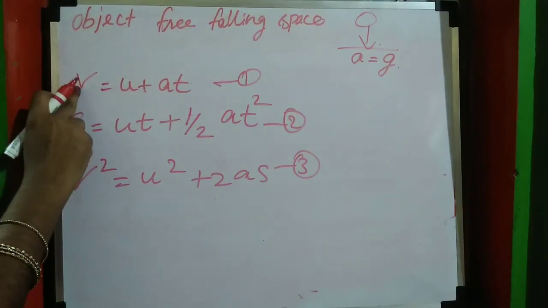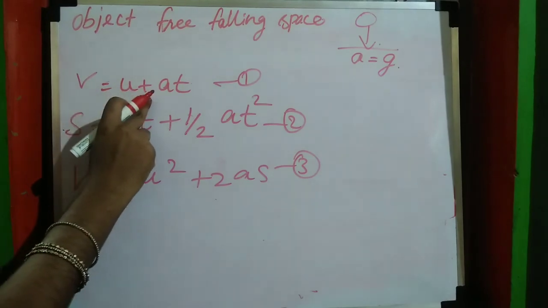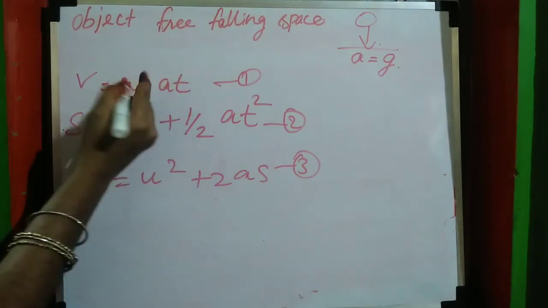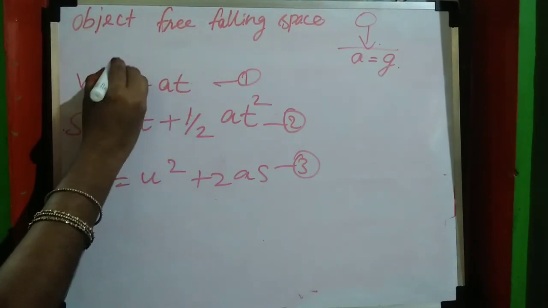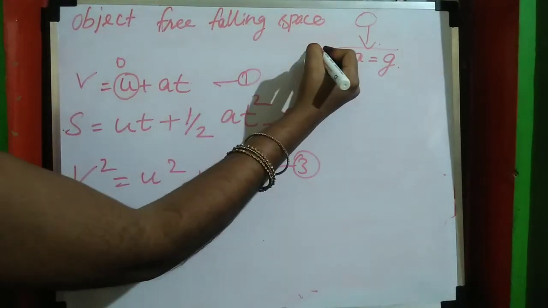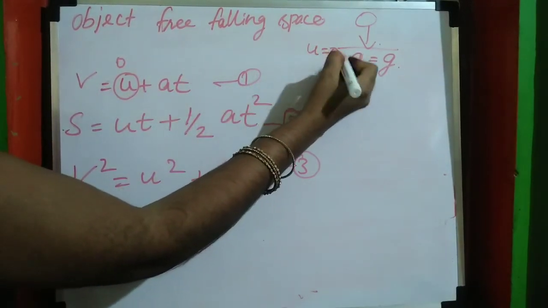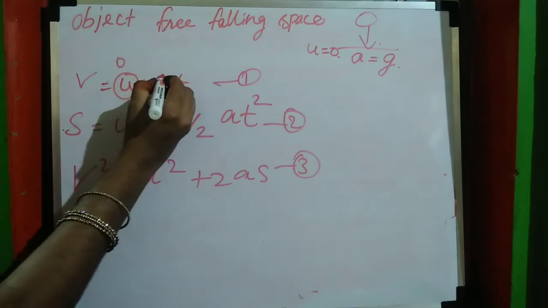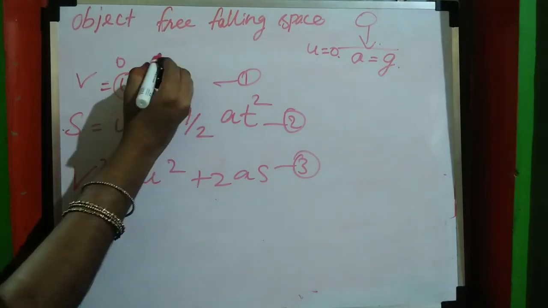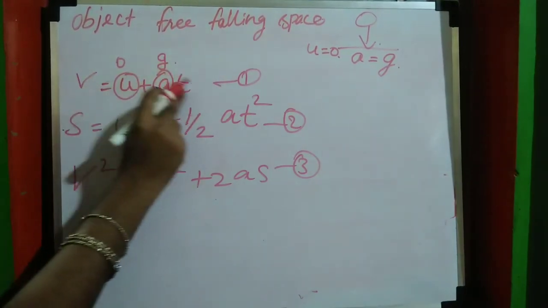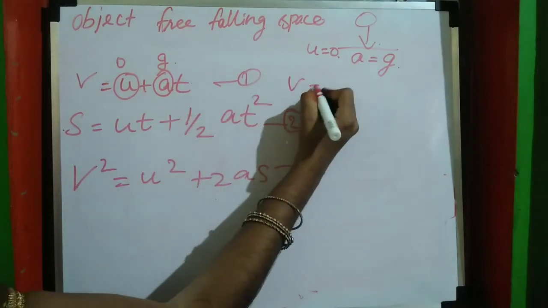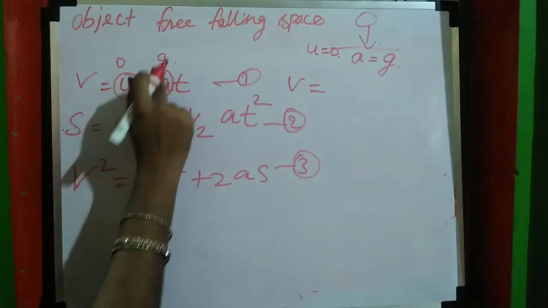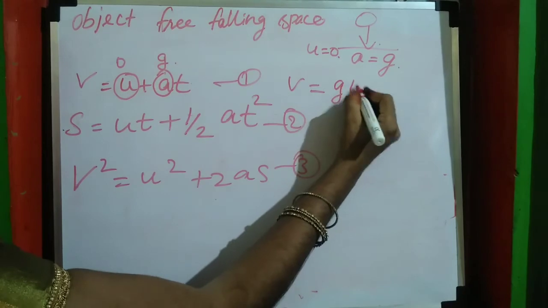The first one, v is equal to u plus at. The initial velocity u is 0, and replace the acceleration value with g. Now write this equation. v is equal to g into t.